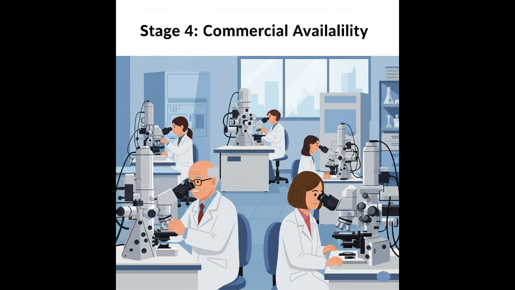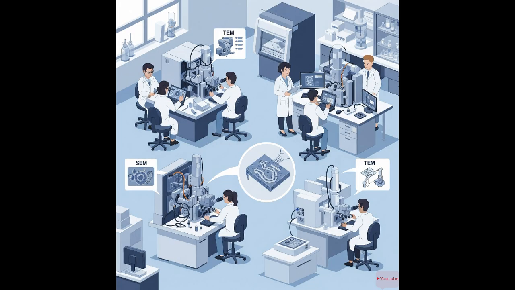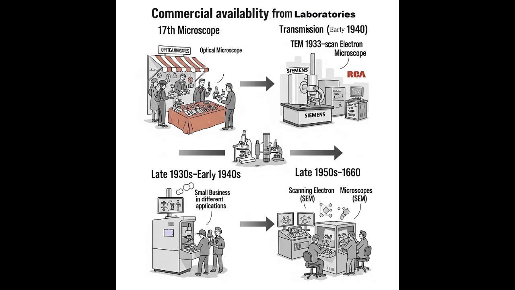Then comes stage 4, commercial availability. This is a critical turning point because it makes the technology accessible to a wider research community. Optical microscopes were commercially available quite early, certainly by the 17th century. For the TEM, it was the late 1930s to early 1940s when companies like Siemens and RCA started producing the first commercial instruments.